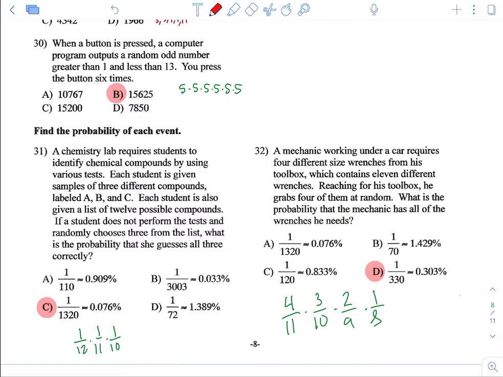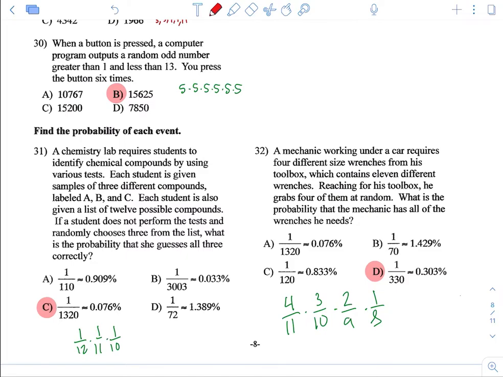So, pretty much there's just 12 different types of things, right? And she has to guess it correctly each time. So if she guesses the first one correctly, there's 12 different types, so that means she has a 1 in 12 chance to guess that specific one correctly. Then when she guesses again, there's 1 already gone, so that means there's 1 out of 11 chances she gets the next one correct, and then 1 out of 10.